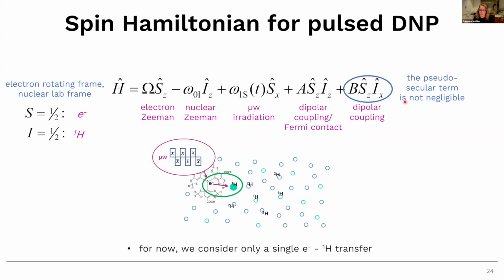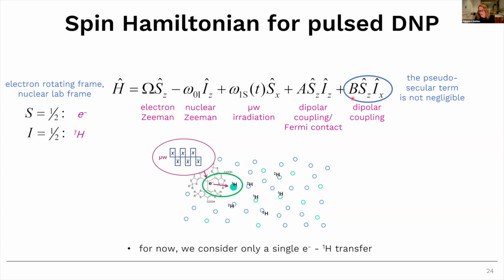This term is also called the pseudo-secular term. And if you consider heteronuclear dipolar coupling between two nuclei, say a proton or a carbon, you can neglect this term. However, in the case of interaction between an electron and proton, it's not negligible. And the reason for that is that the gyromagnetic ratio of the electron spins is 658 times, so much larger than that of the proton.